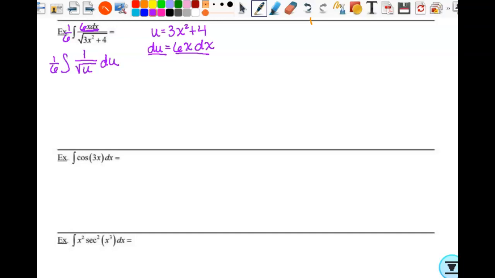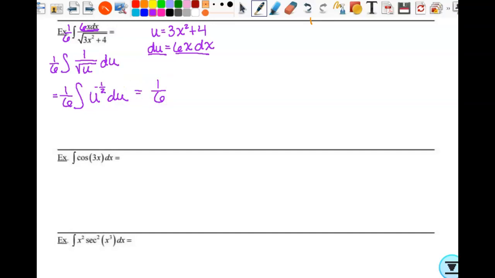Now I want to change my roots to an exponent, so I have 1/6, the integral of u to what power? -1/2 du. Now that I have it in power form, we're going to use our integral rules. I still have that 1/6.